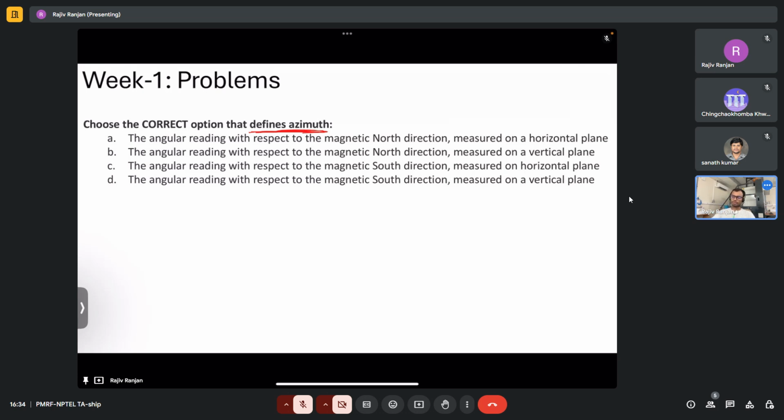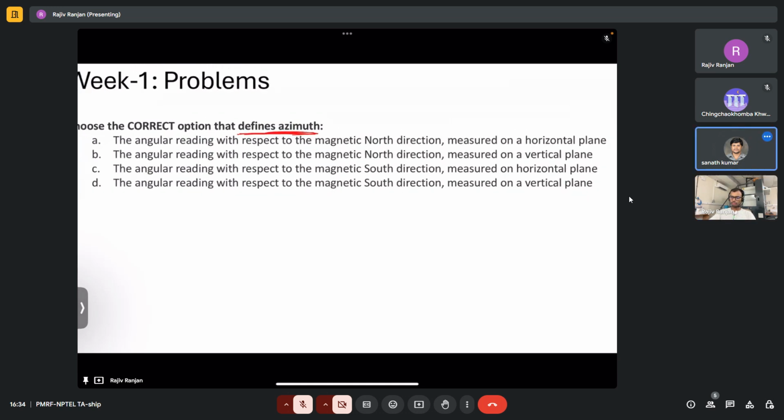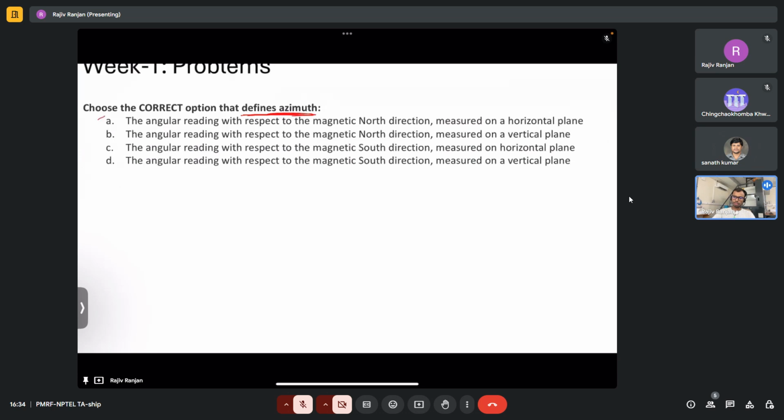Any guess? Option one. Option A. Okay. What about Shing? Okay, so we'll read it out.